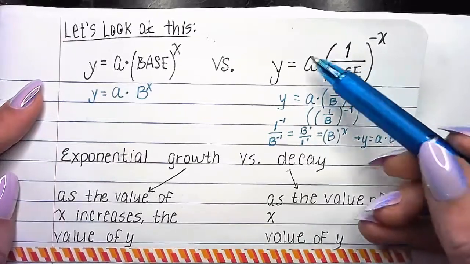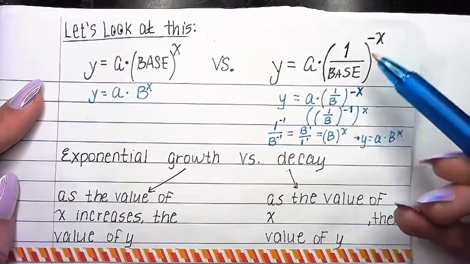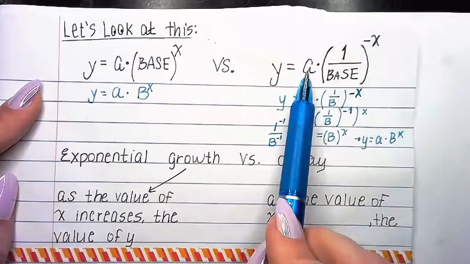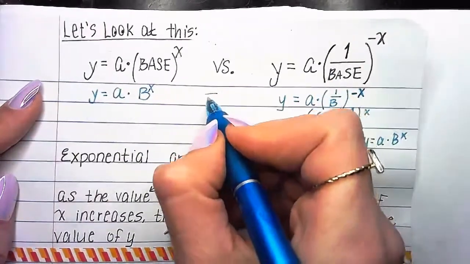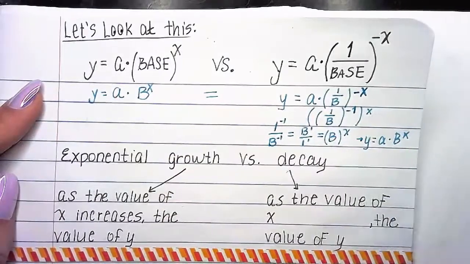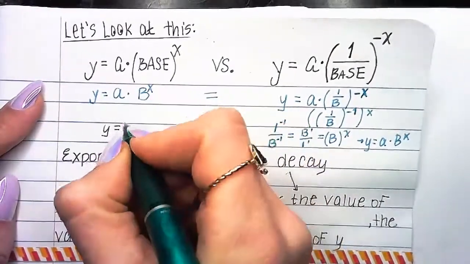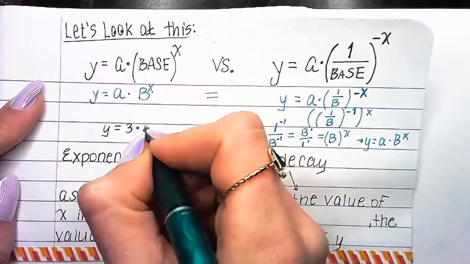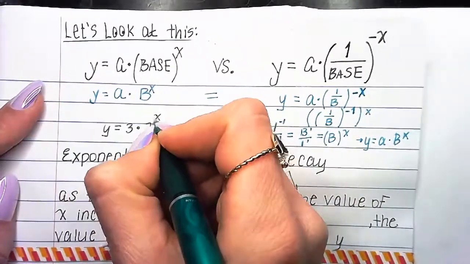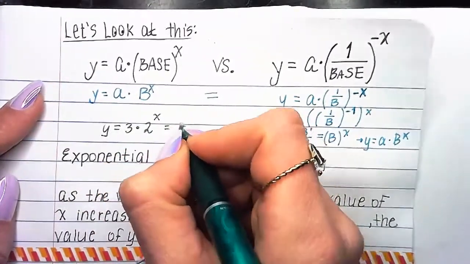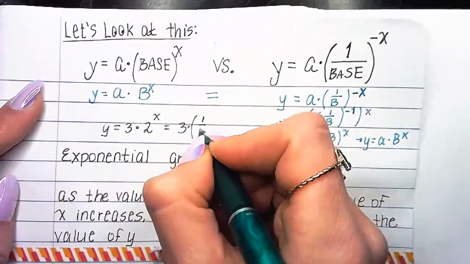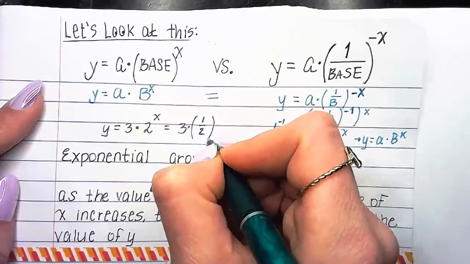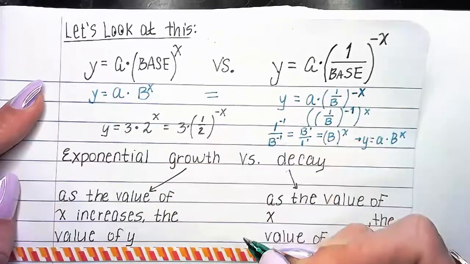That means that this representation and this representation are equivalent. If that doesn't quite click right now, let me show you it another way. Y equals 3 times 2 to the x is actually the same as 3 times 1/2 to the negative x.